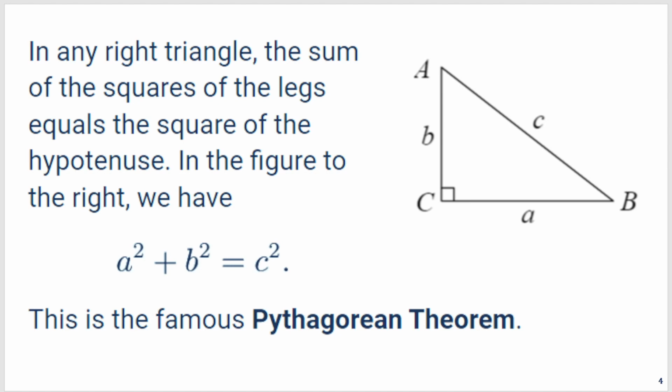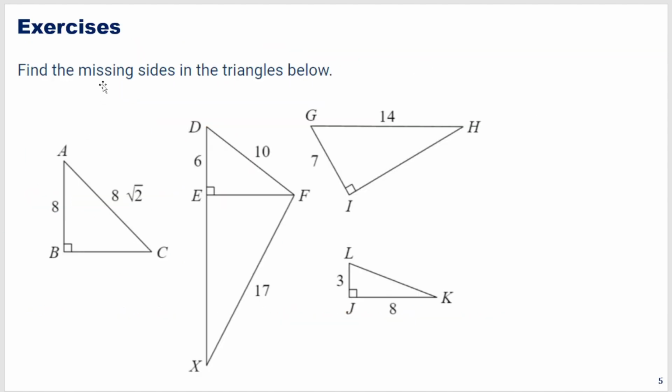Okay, so let's use the theorem to do a little exercise here. Find the missing sides in the triangles below. 1, 2, 3, 4. We have 4 triangles here.